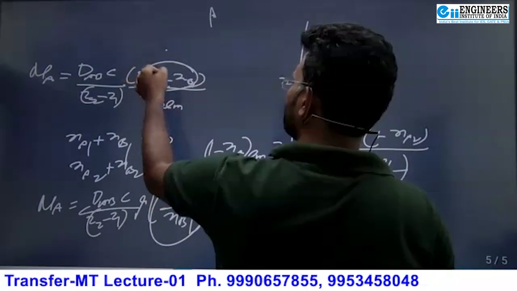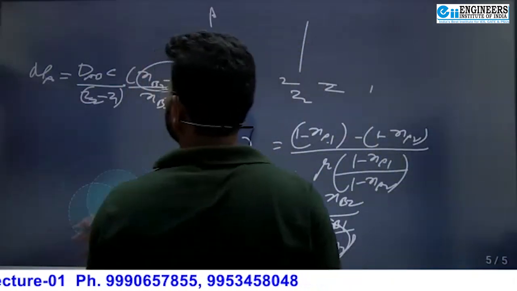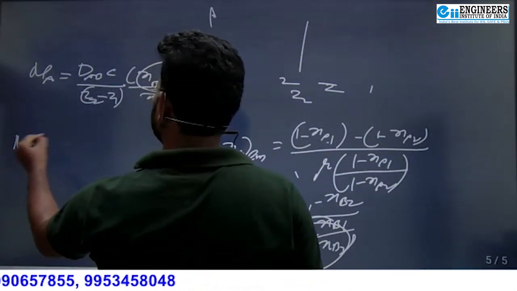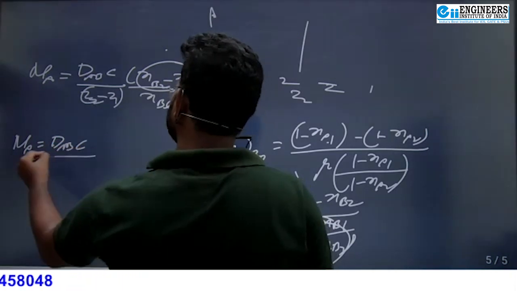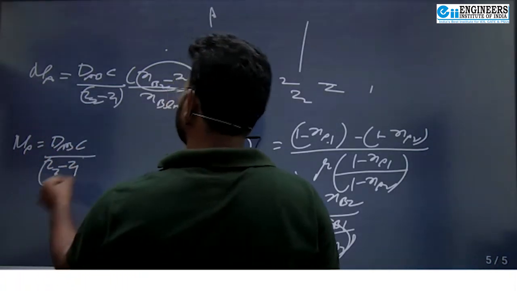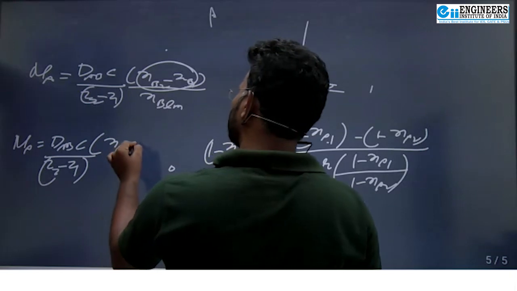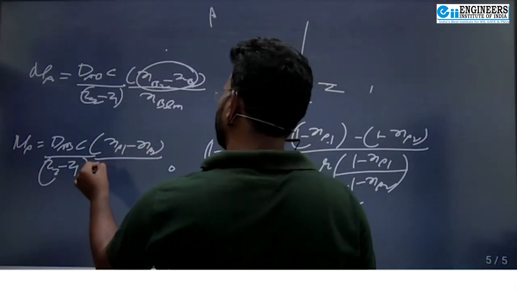And this is also called X1 minus X2. So Na is equal to DAB into C upon Z2 minus Z1 into XA1 minus XA2 upon XBLM.